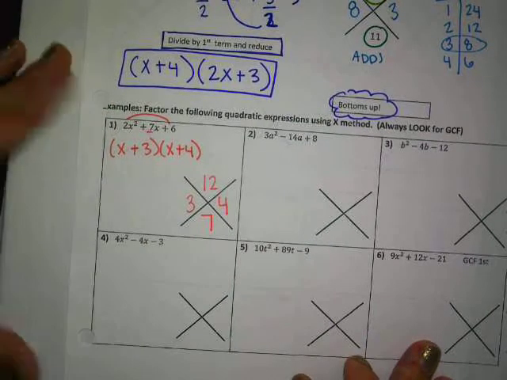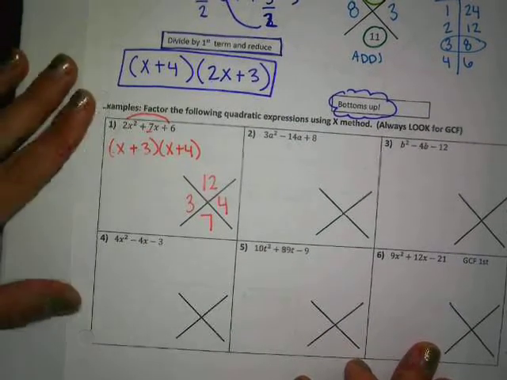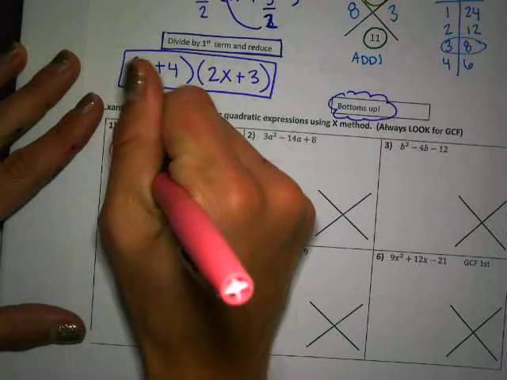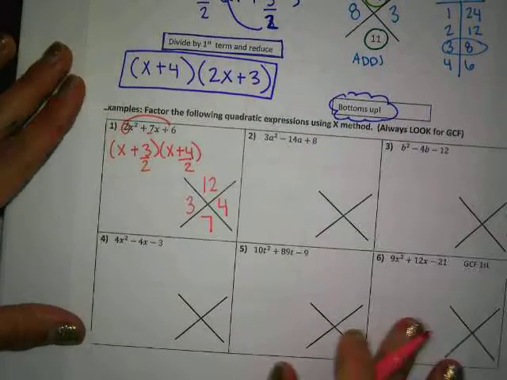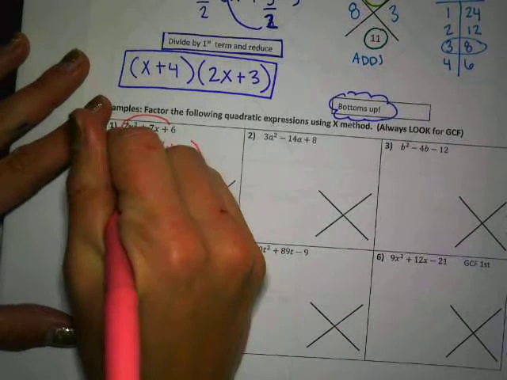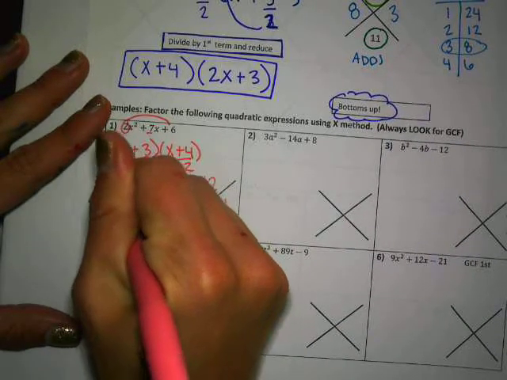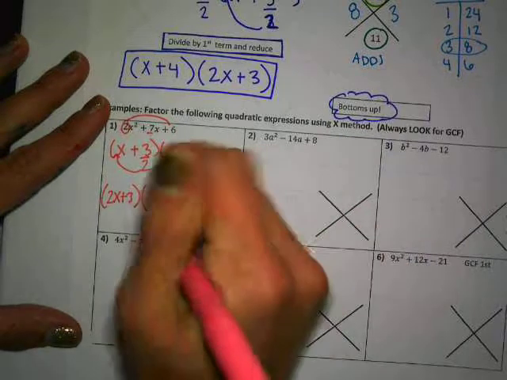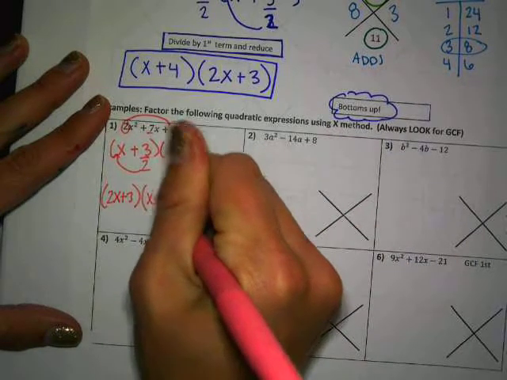And then what number do you divide by? 2, the front number here, so divide by 2, divide by 2. 3 divided by 2, does that reduce? No, so 2x plus 3. What about 4 divided by 2? x plus 2.